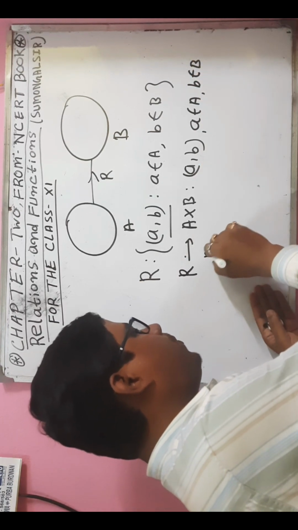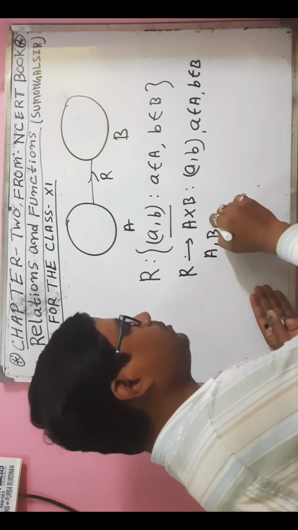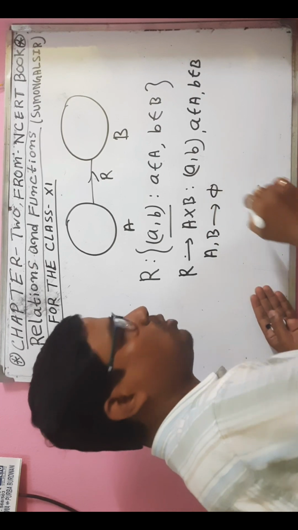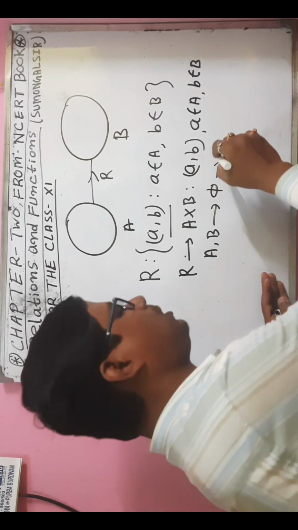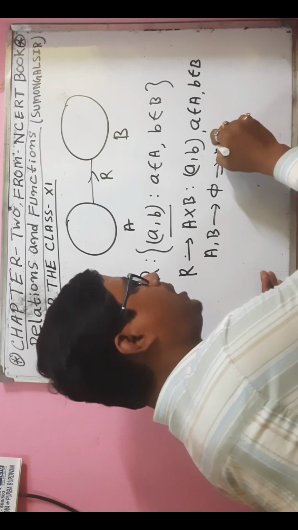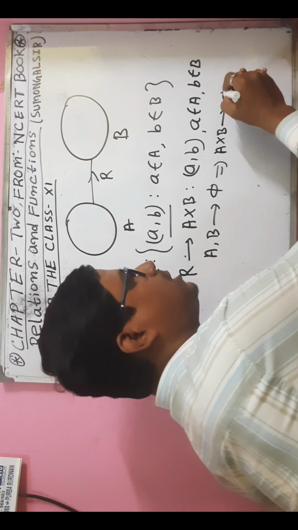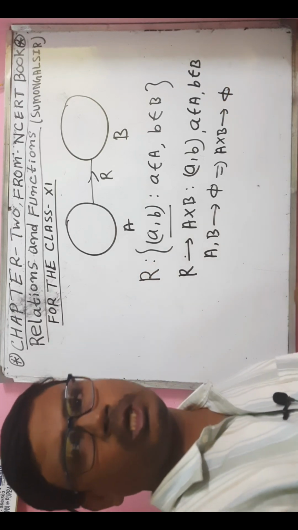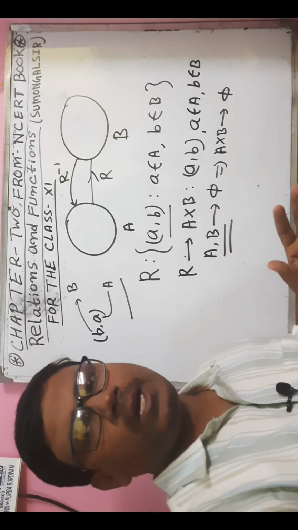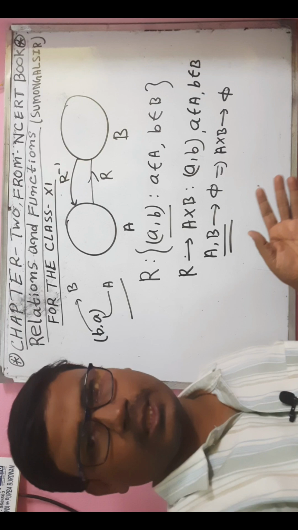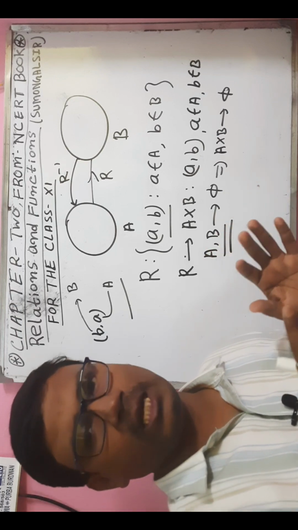If A and B both are null sets, void sets or empty sets, then A cross B is also a null set, void set or empty set. So this is the primary idea about the relation between two sets and their elements.